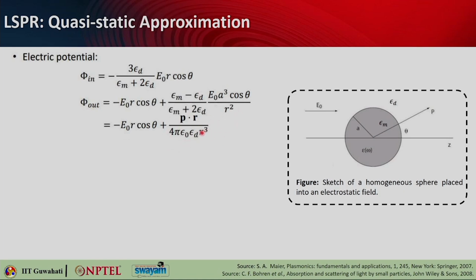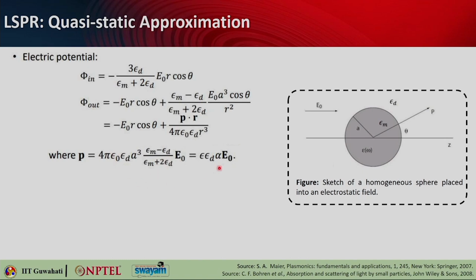So, if you look here, this looks like there is a dipole and there is a potential because of this dipole. So, you can actually think of a dipole with a dipole moment P, which is given by this expression. So, this term you can take as P dot r over 4 pi epsilon naught epsilon d r cube. So, when you equate these two, you will get that P equals this expression, and this polarization is proportional to the electric field.